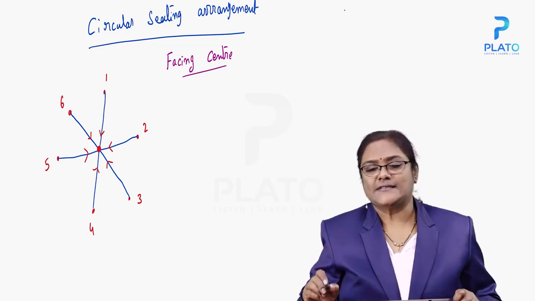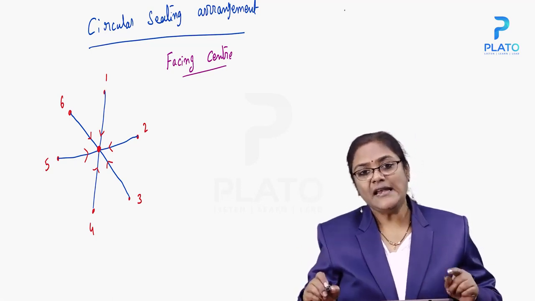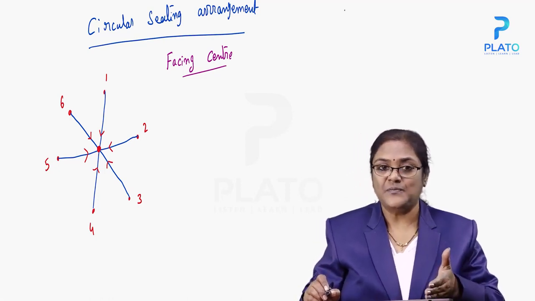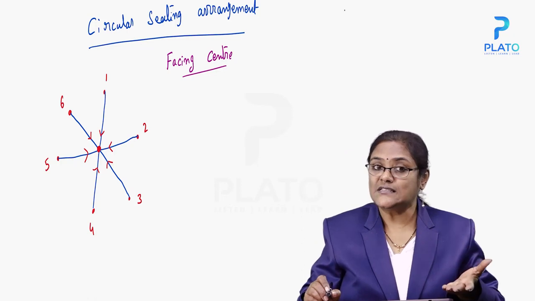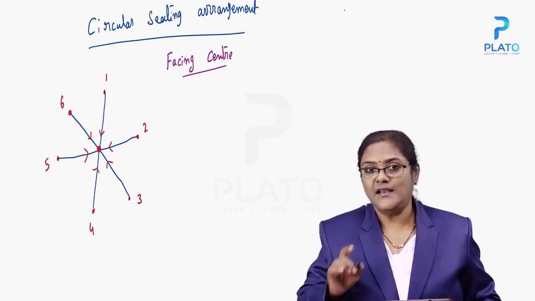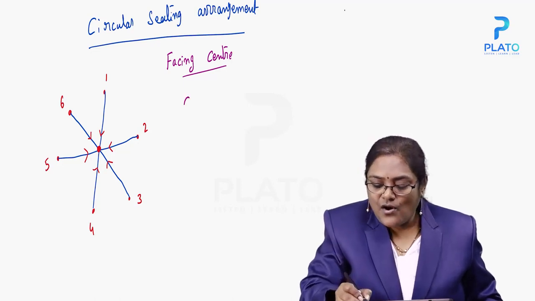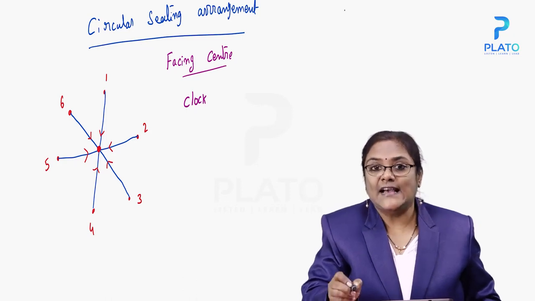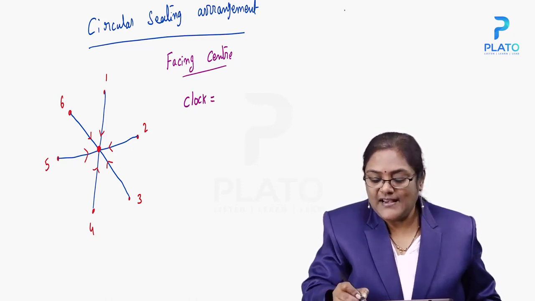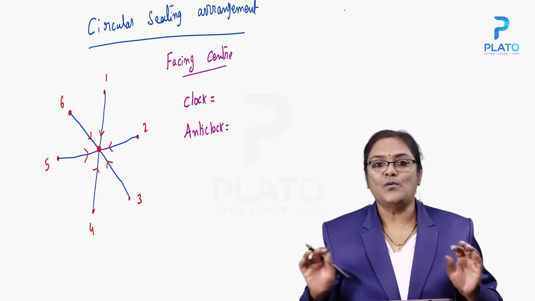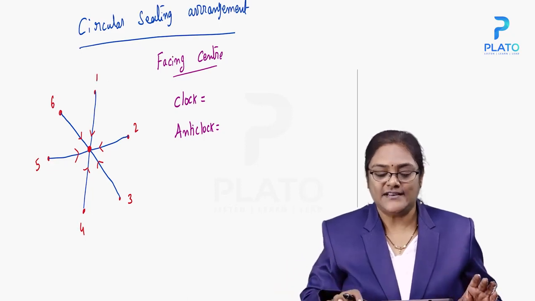from any person, whether you take the first person or the 5th person or the 2nd person or the 6th person, up to you, from any person, you have to look for only these 2 things: clockwise direction and anti-clockwise direction.